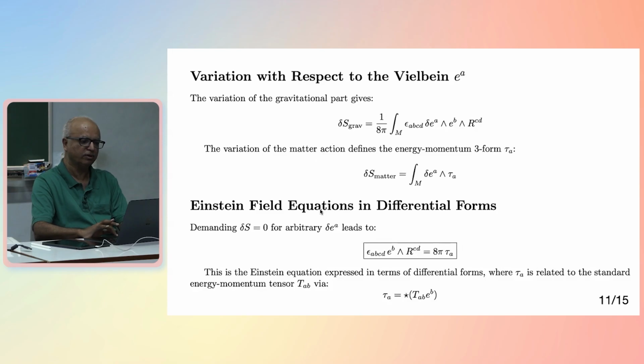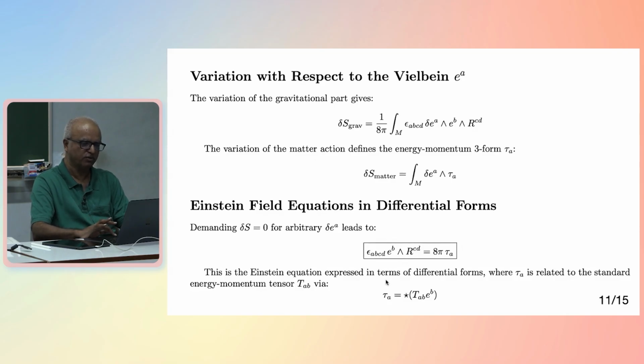Somehow this got repeated. So you can then put all these together, put the total variation together, set it to 0. So it's much more straightforward here. You combine these two terms, and for arbitrary variations it will straight away give you the Einstein equations. This can actually be shown to be the Einstein tensor.